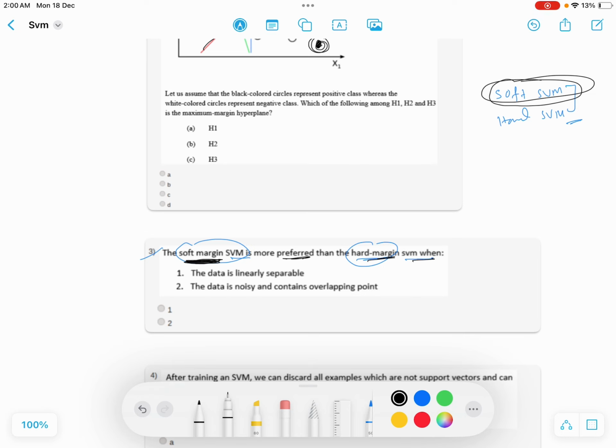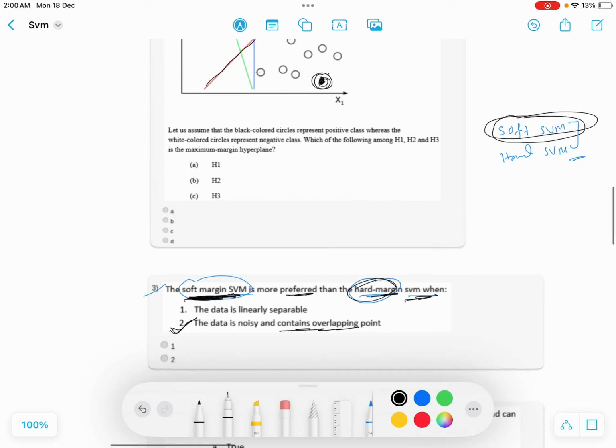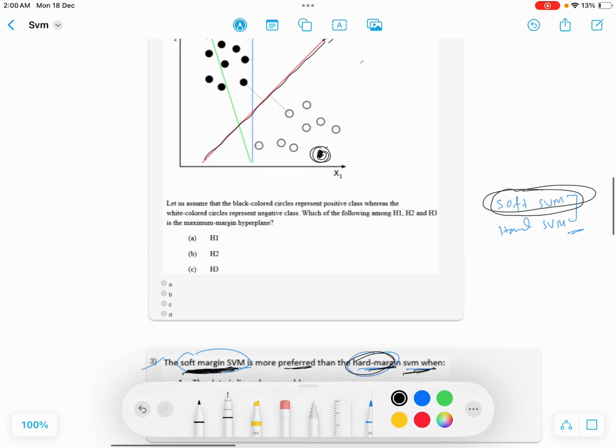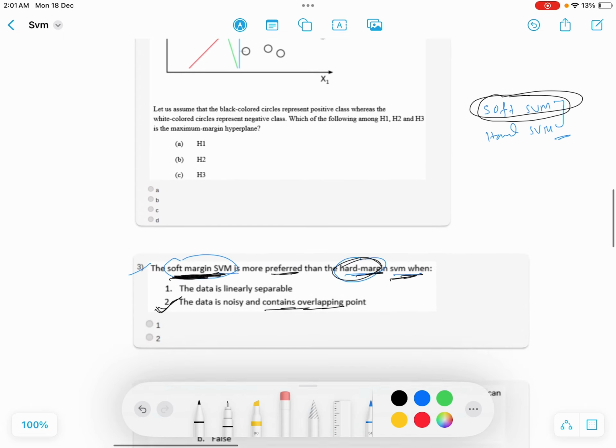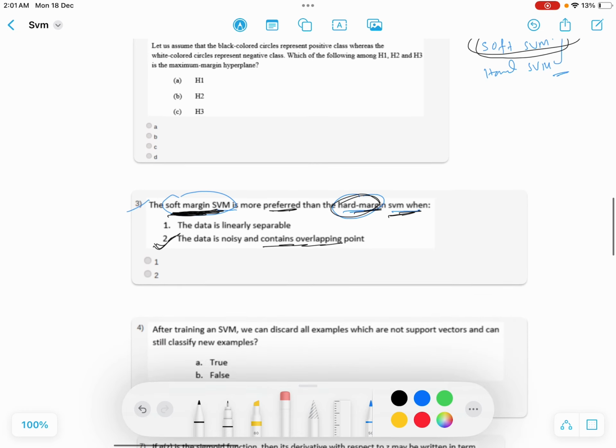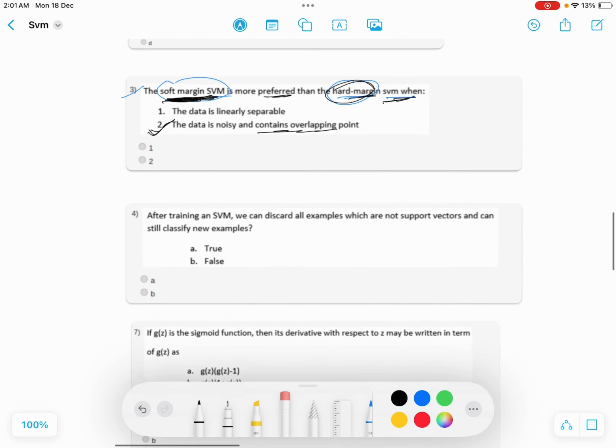When data is noisy and contains overlapping points. In this case you can consider soft margin SVM, because in hard margin SVM we cannot allow any kind of misclassification, right? If you take this example with the h3 hyperplane, then this is the hard margin SVM, right?